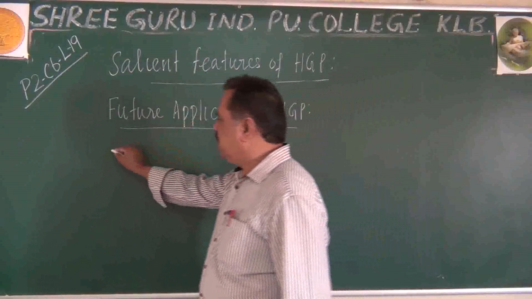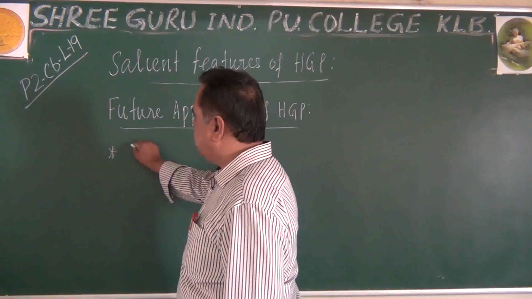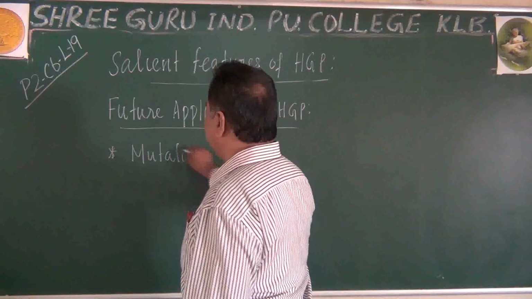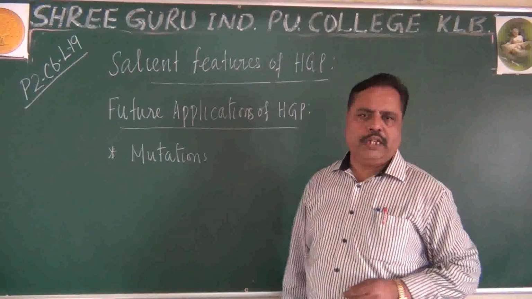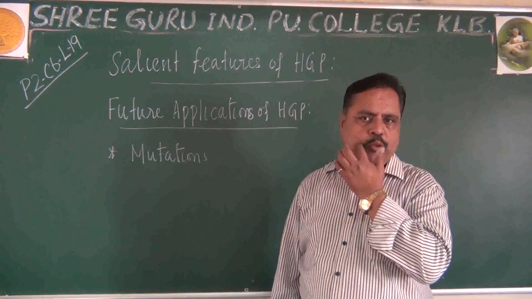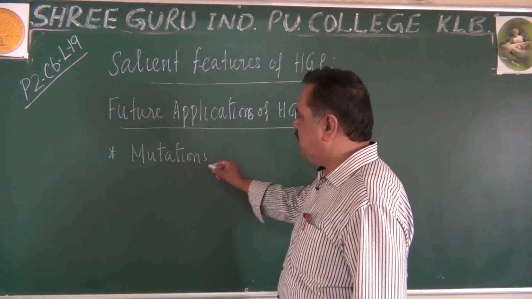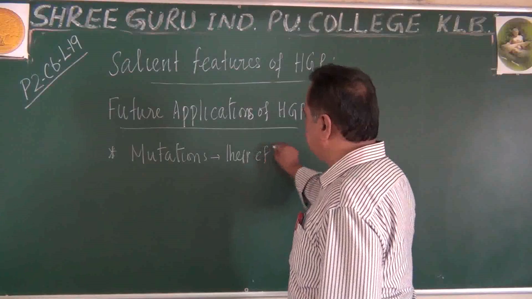By understanding the human genome, we can understand the mutations happening in it. Mutations can be identified, whether any gene has undergone mutation or not. Not only understanding mutation, you can understand the effects also.